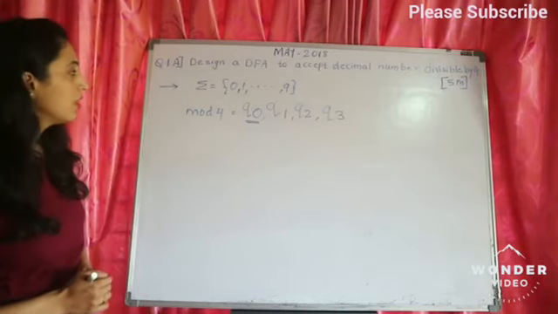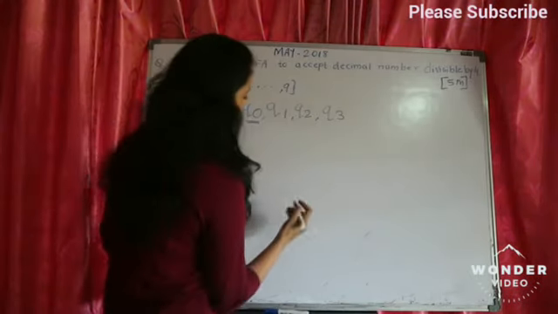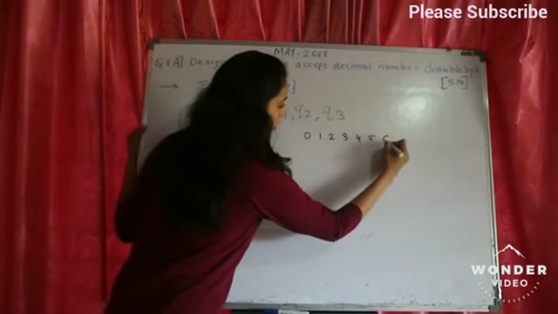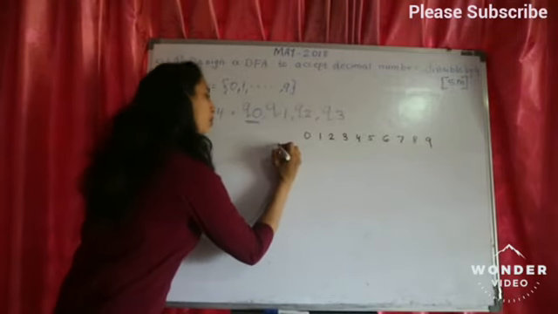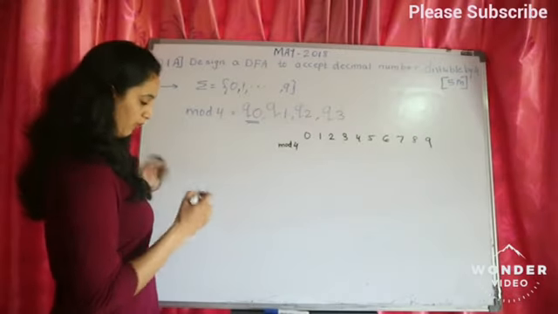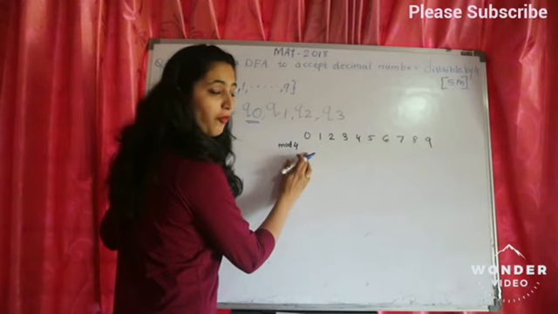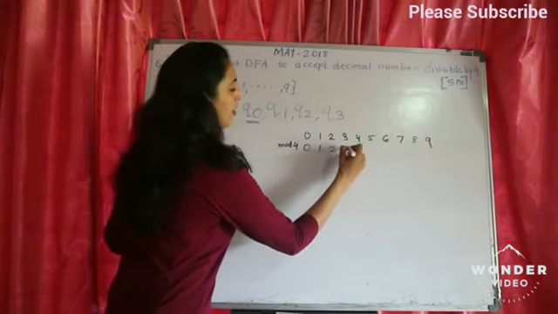Before solving this DFA, let us see if I have any number from 0, 1, 2, 3, 4, 5, 6, 7, 8, 9, and I find out mod 4 of all these numbers. 0 mod 4 will give me 0. 1 mod 4 will give me 1.